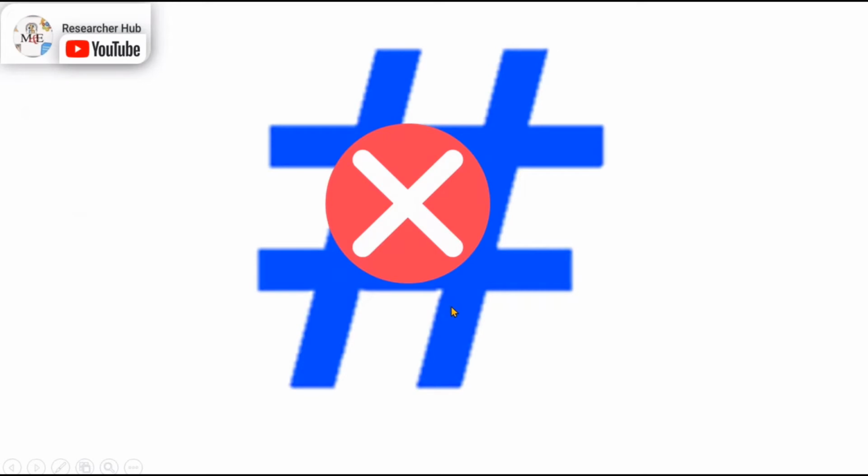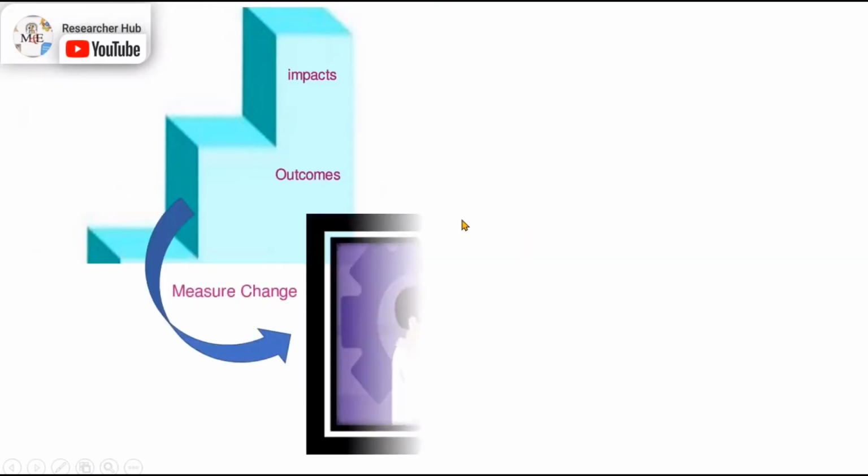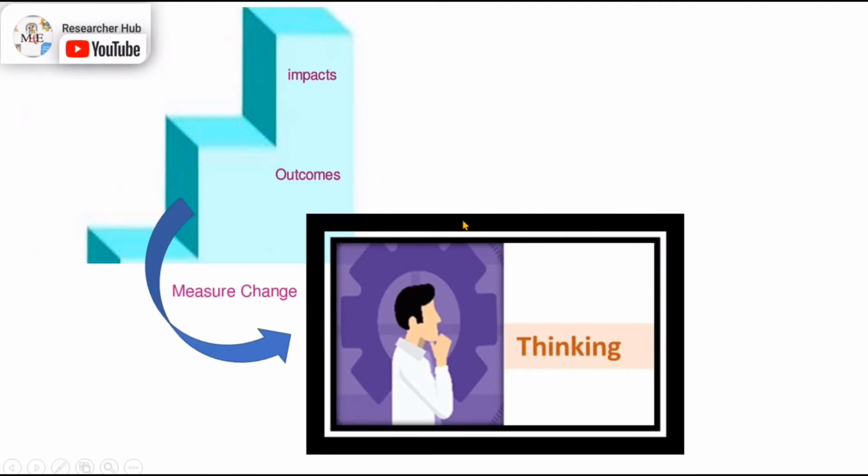Therefore, we are not interested in seeing the progress or the number. What we are really interested in seeing is the change in people's thinking, or how many percent of people have had their thinking changed.